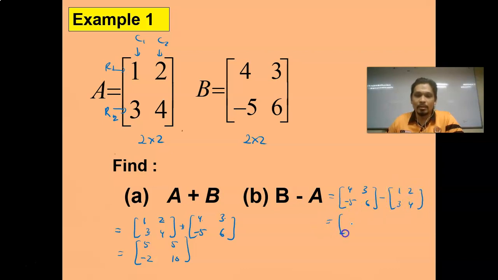So 4 minus 1, 3 minus 2, negative 5 minus 3, and 6 minus 4. So 4 minus 1 equals 3, 3 minus 2 equals 1, negative 5 minus 3 is negative 8, and 6 minus 4 equals 2.